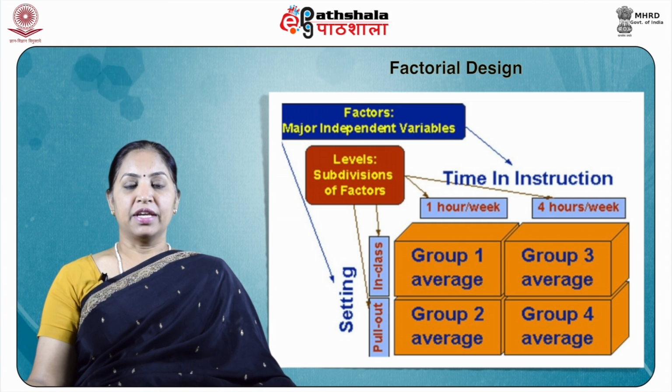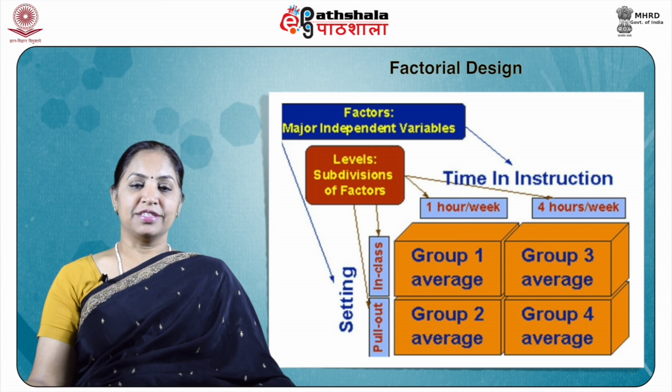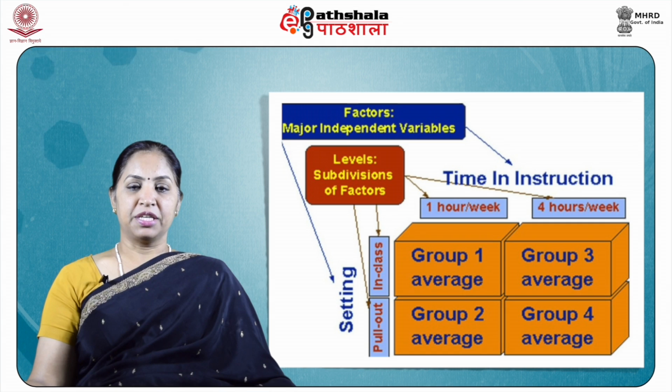So, we find that a 3 into 4 factorial design will have 2 factors with 3 and 4 levels in each factor respectively.